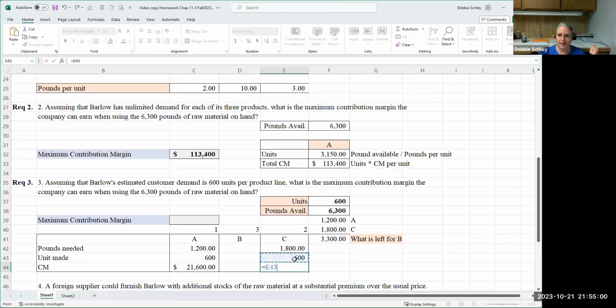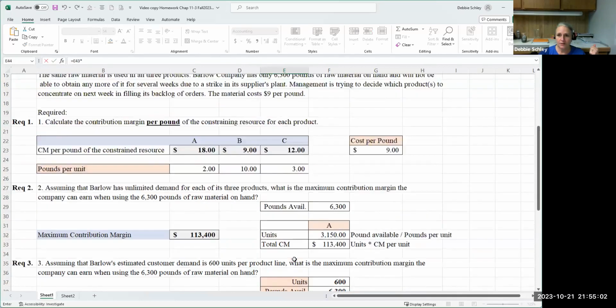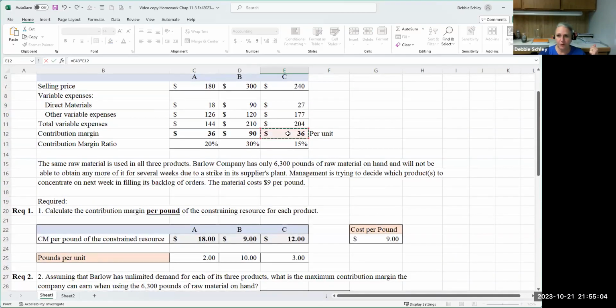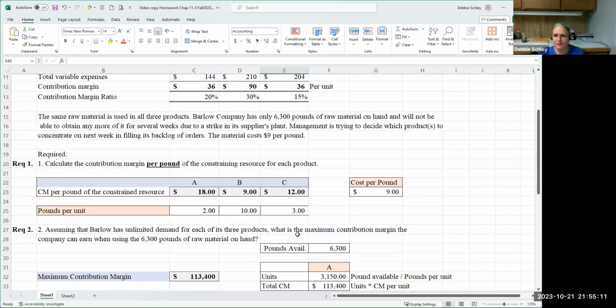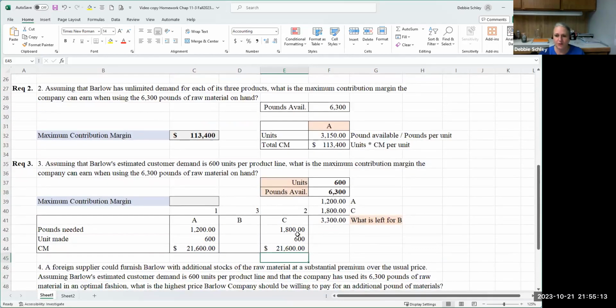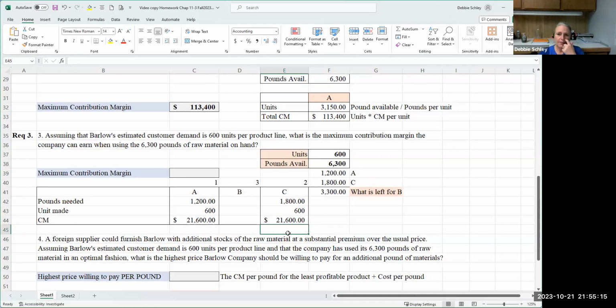And so I'm going to take 600 times contribution margin per unit, equals the same as A. Didn't realize they have the same contribution margin per unit. Okay.